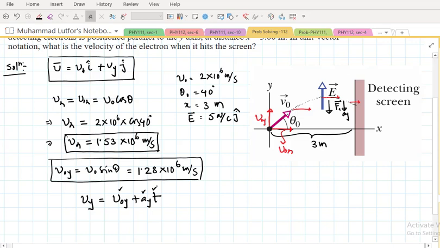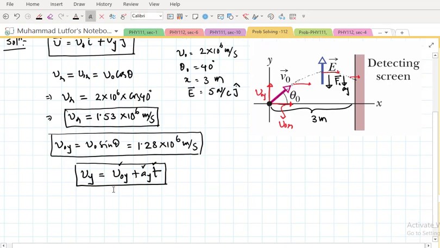Then I can find Vy. If I can find Vy, then I'll be able to find V, the final velocity of the electron when it strikes the screen, because we already know Vx. Fine. Now, how am I going to find the acceleration of the electron first?